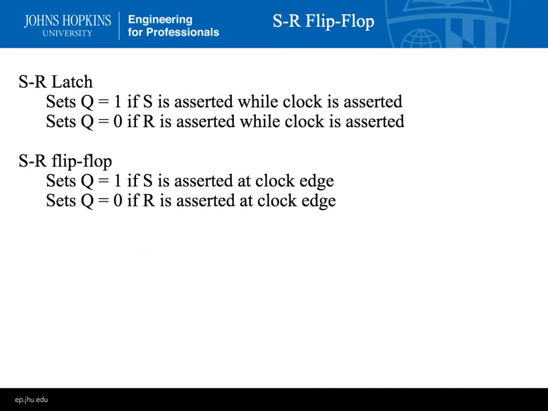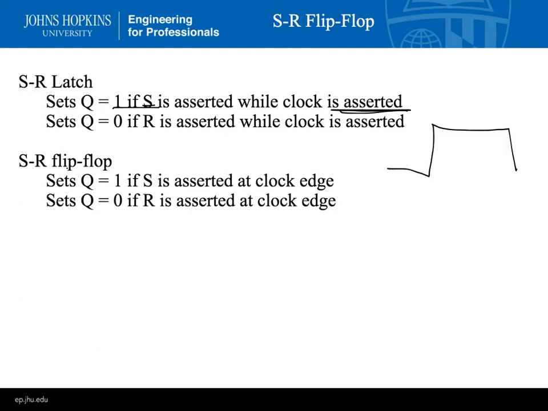So the latch is what we just saw, and the difference between a latch and a flip-flop is when it changes. If the clock is asserted when you set the value, if the clock is already up, S will turn to 1.